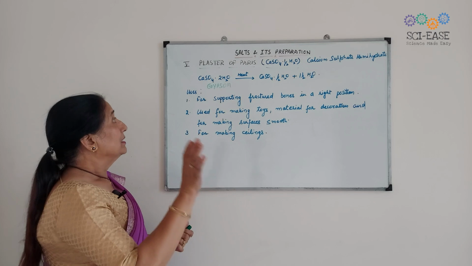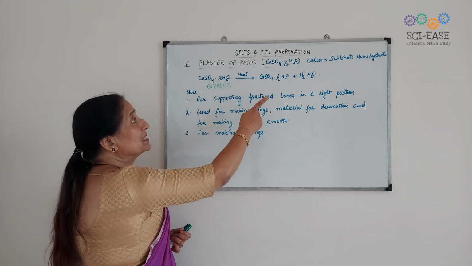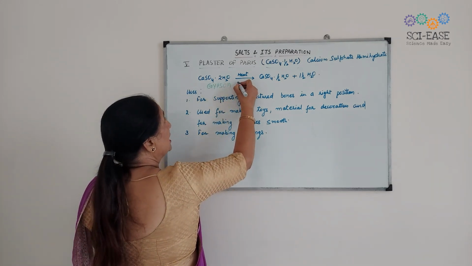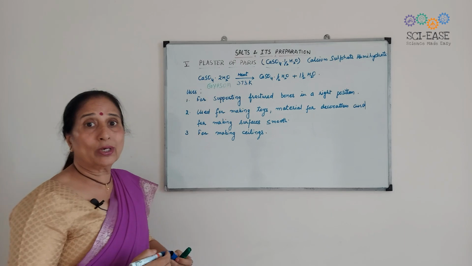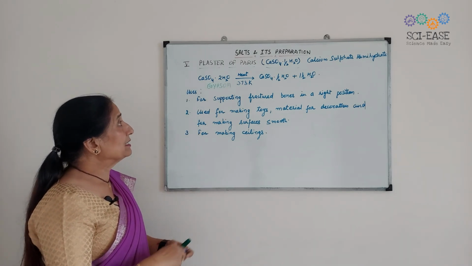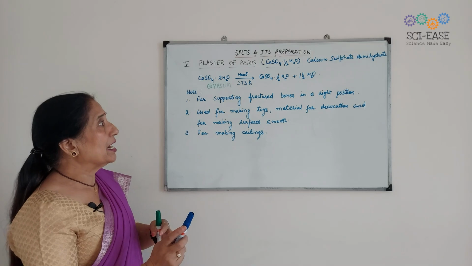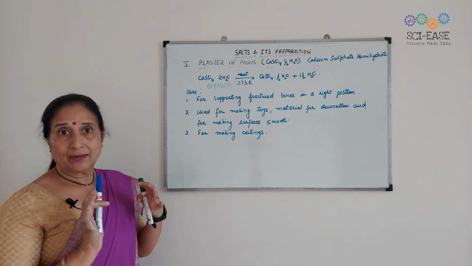Gypsum, when it is heated at the temperature of 373 Kelvin, calcium sulfate hemihydrate or plaster of Paris is obtained.